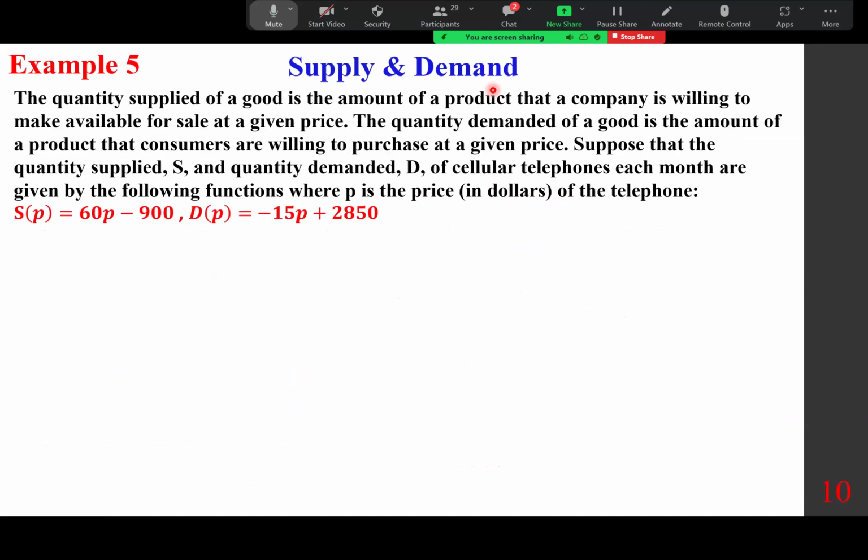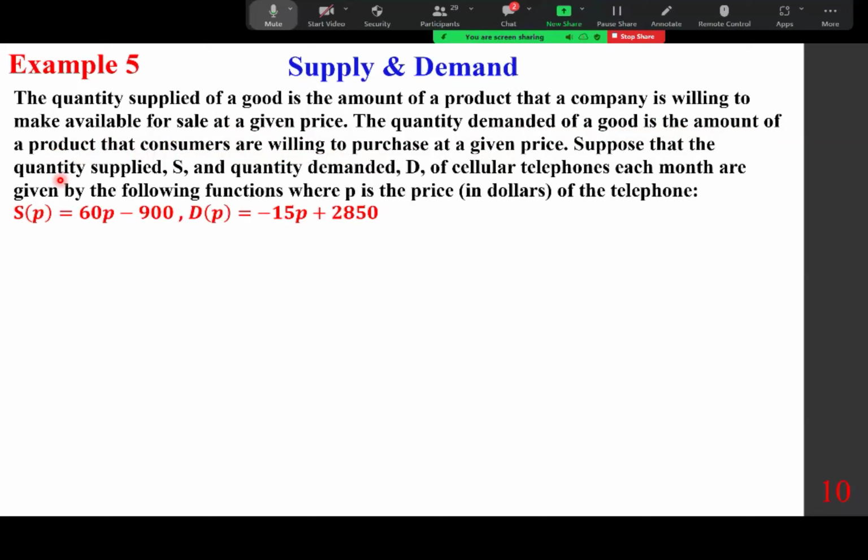Example 5, supply and demand. The quantity supplied of a good is the amount of a product that a company is willing to make available for sale at a given price. The quantity demanded of a good is the amount of a product that consumers are willing to purchase at a given price.